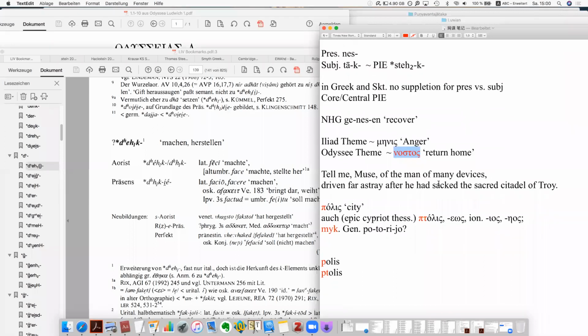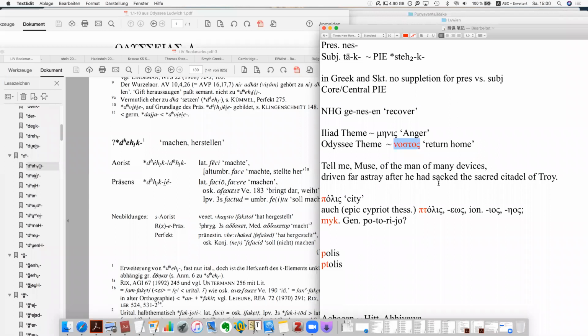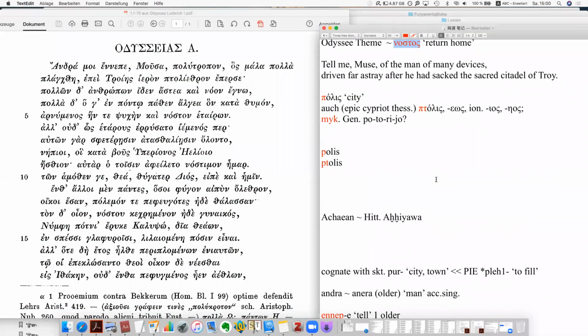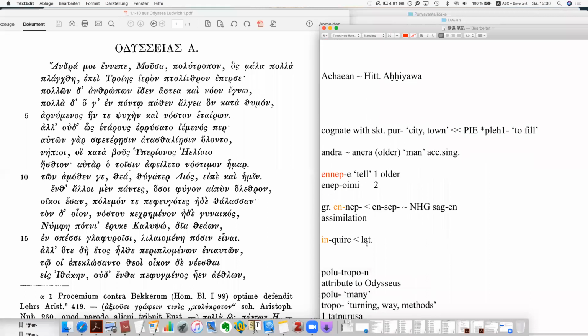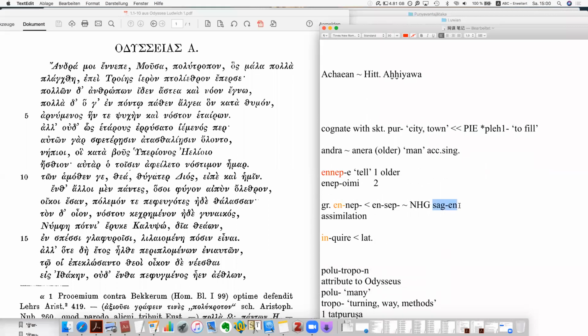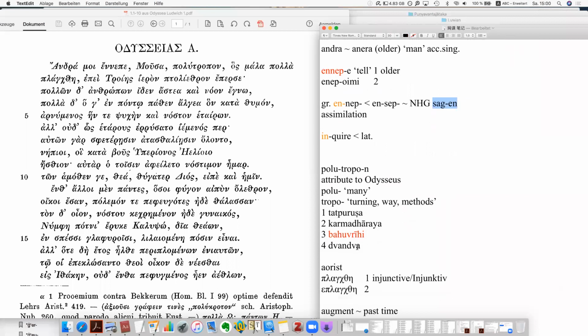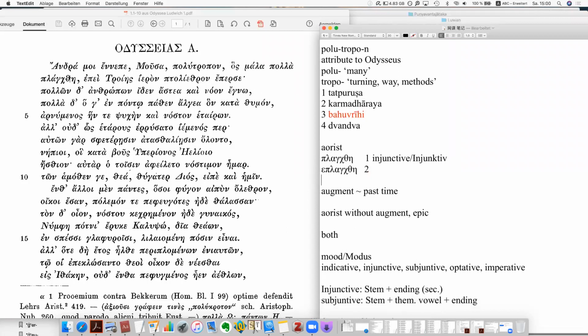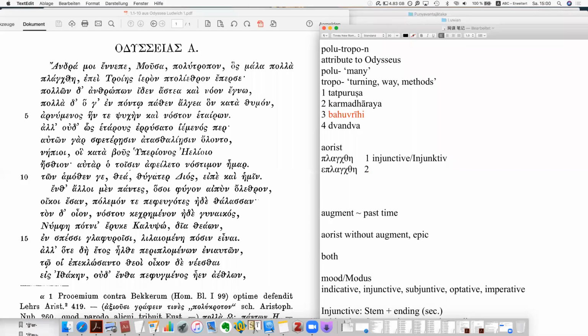Then we started reading the first two lines of the Odyssey, Andra moi ennepe, and discussed several interesting words: ennepe is cognate with German sagen and Latin inquit, and also polytropon and planchthe. This planchthe is cognate with the English word plague, though English plague comes from Latin.